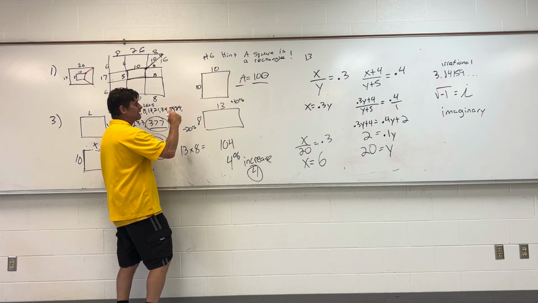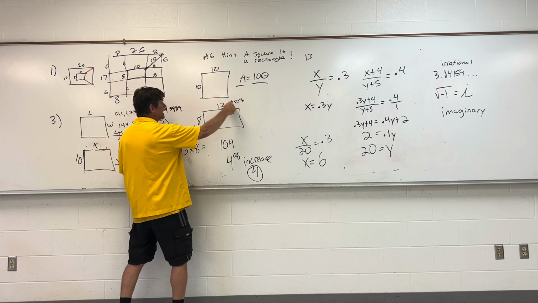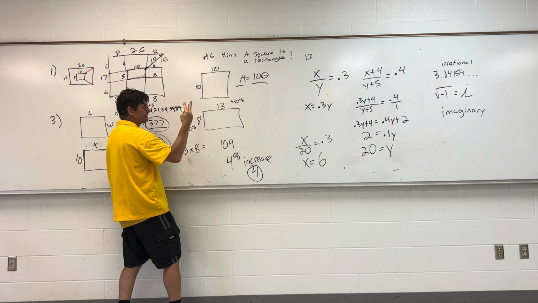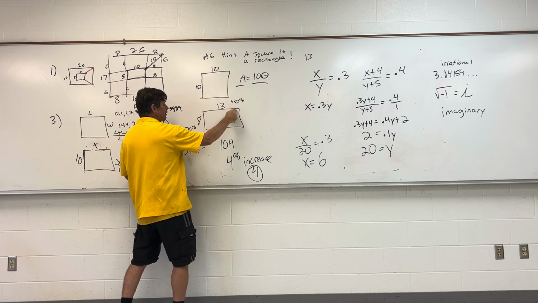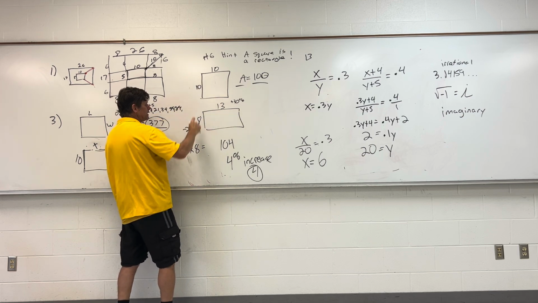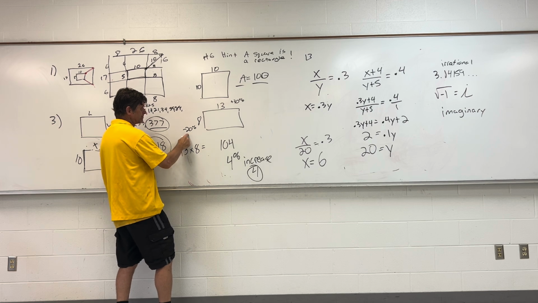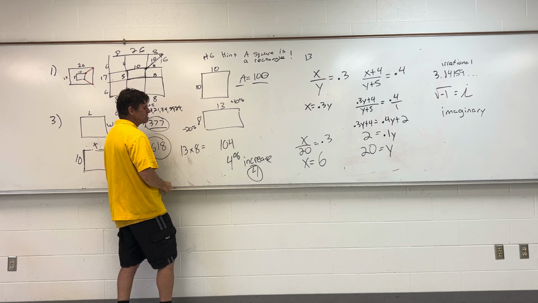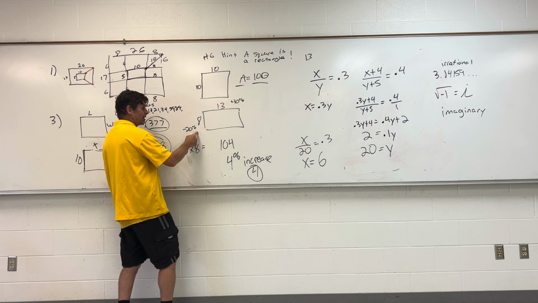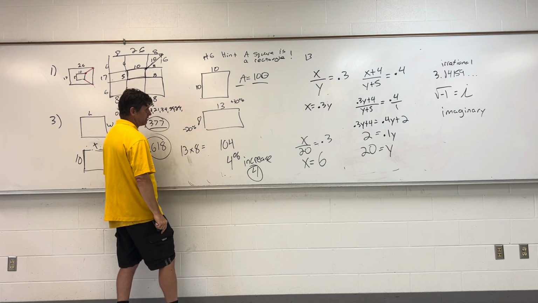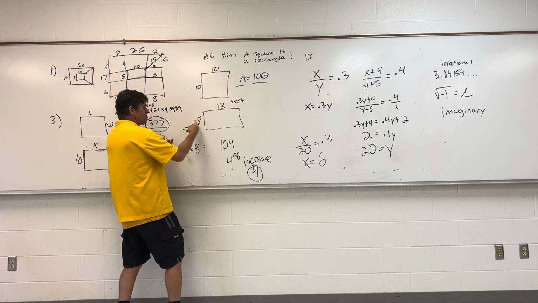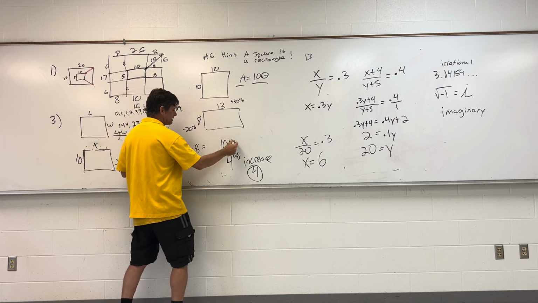Now if I increase the length by 30%, what's 30% of 10? 3. So I increased it to 13. I decreased the width by 20%. What's 20% of 10? 2. So I decreased it down to 8. Now I have an 8 by 13 rectangle. And then I multiply them, and 8 times 13 is 104.